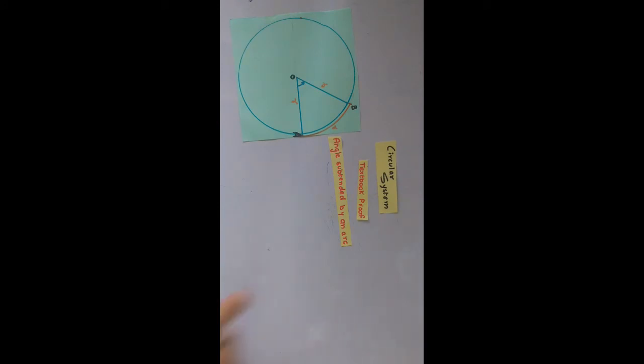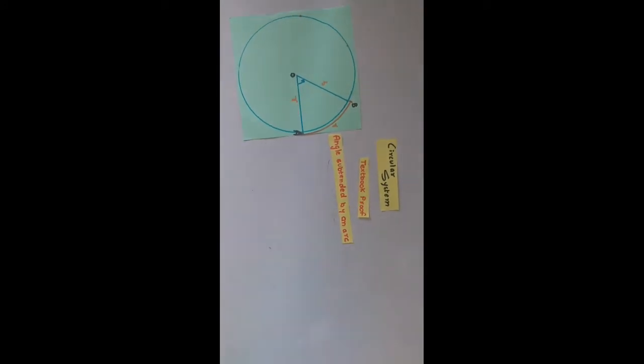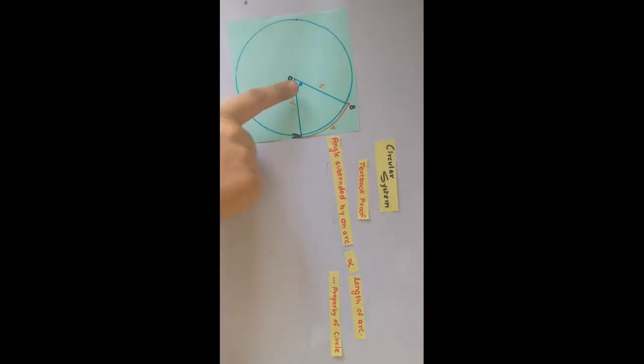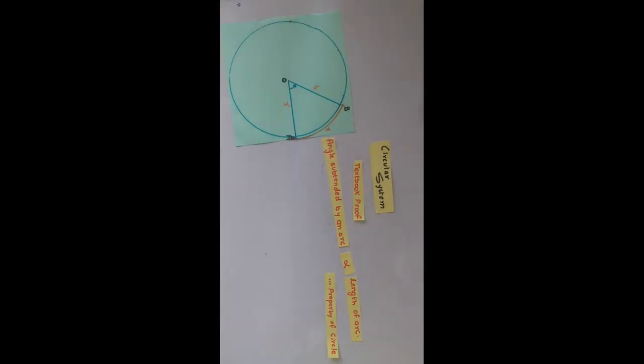Angle subtended by an arc is directly proportional to the length of the arc. This is the property of a circle.